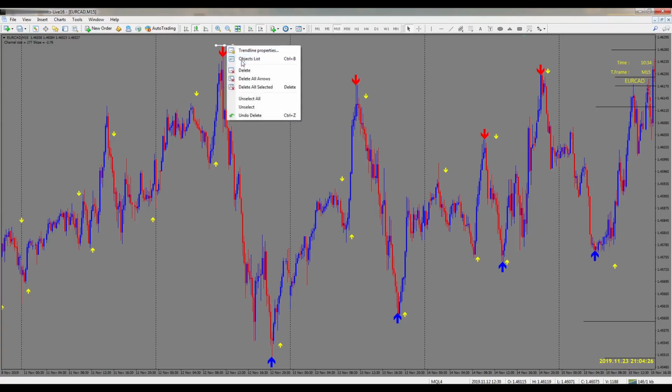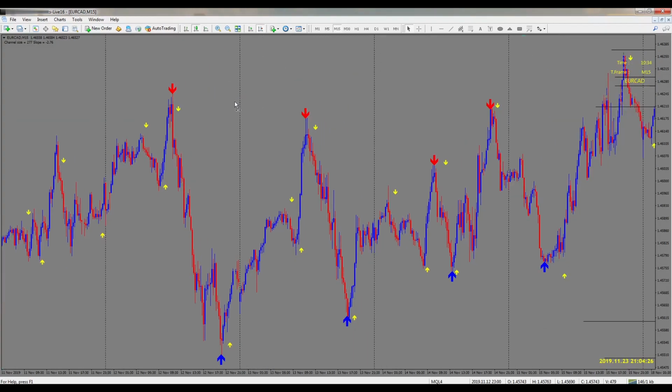The second question was, can you use the system for scalping? Yes, you can use it for scalping. As you can see, I'm on a 15-minute chart now, M15, EURCAD, and here's a sell signal, buy signal, sell signal, buy signal. These lines represent each day.